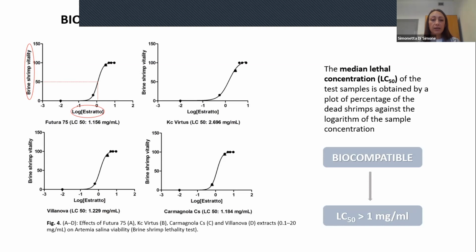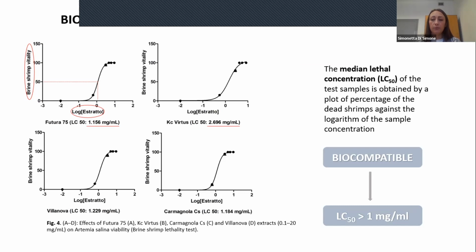The hemp extracts did not reveal any toxicity in the tested concentration range, with LC50 values all in the range between 1.156 milligrams per milliliter and 2.696 milligrams per milliliter.